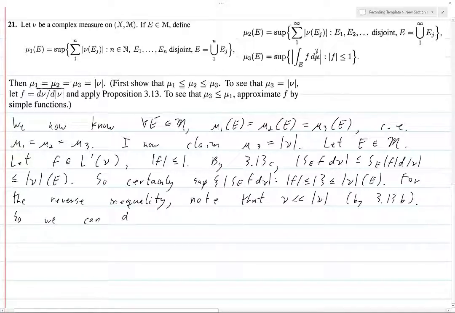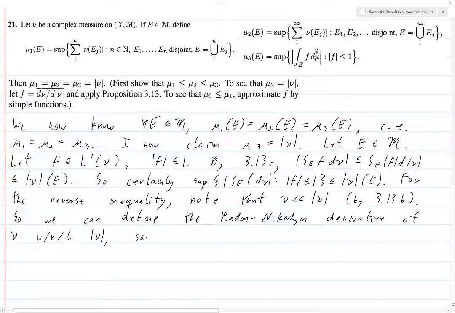So we can define the Radon-Nikodym derivative of nu with respect to the total variation of nu, and we'll call it f, equal to d nu over d variation of nu.